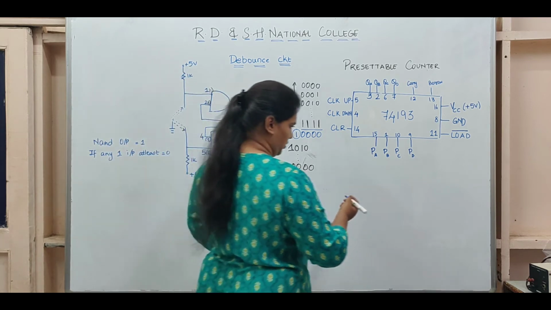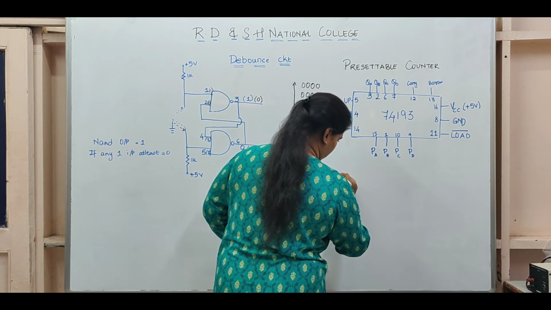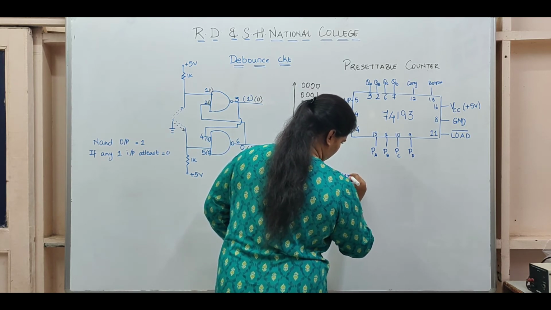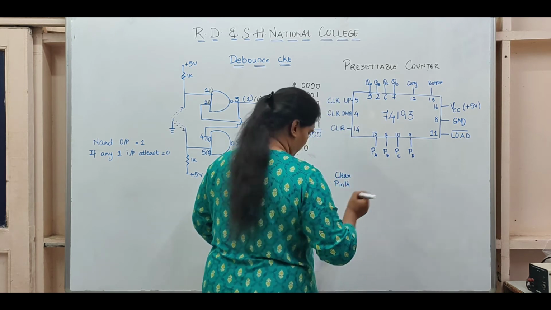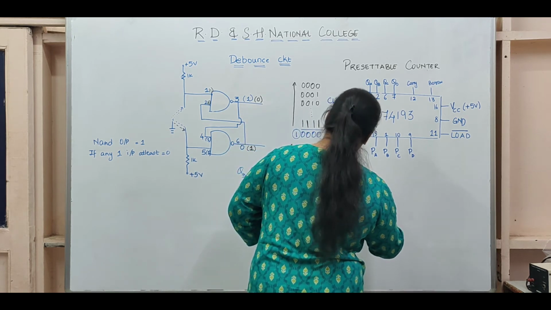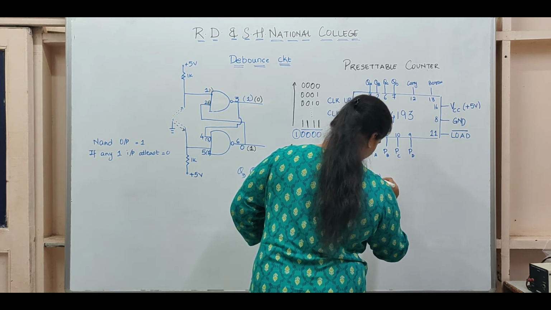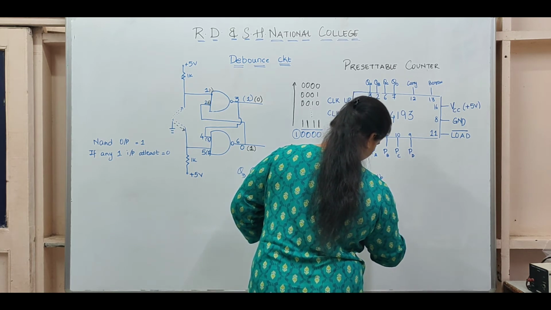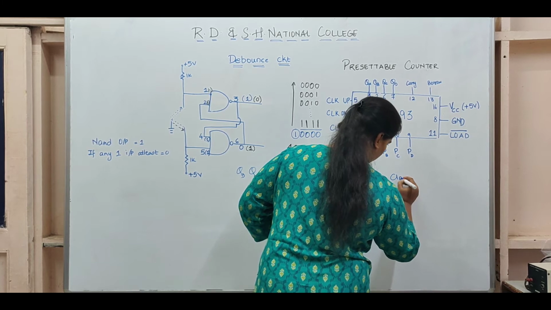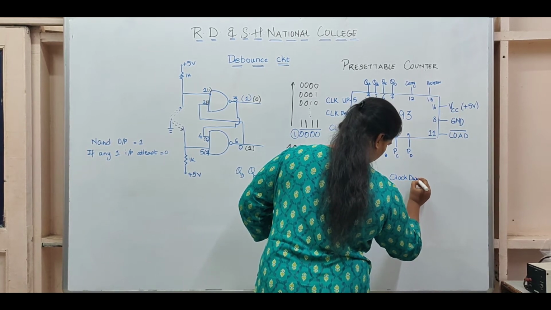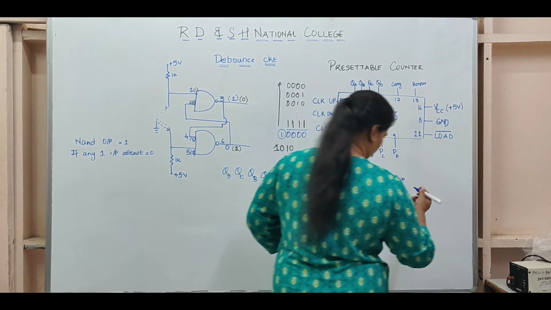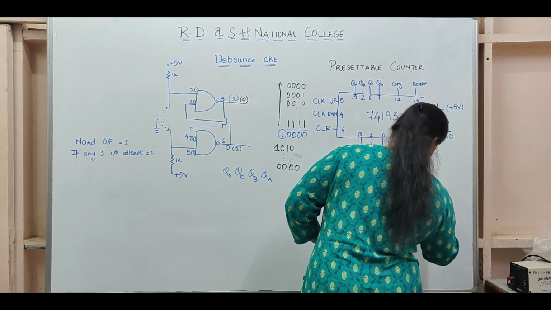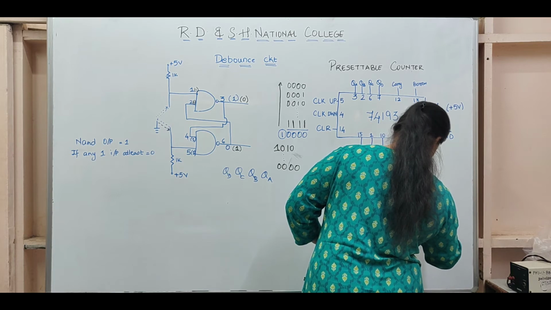This table consists of, first, pin number 14, which is your clear pin, followed by the clock up, which is pin 5, clock down, which is pin 4, load, which is pin 11.